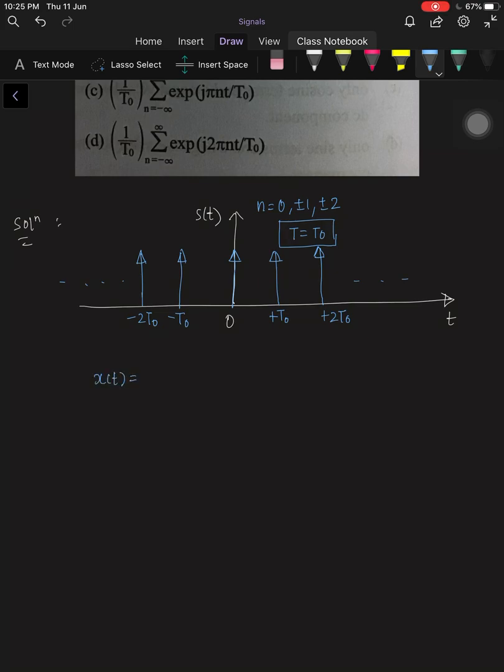Fourier series says any periodic signal can be represented in terms of its complex Fourier coefficients. Let me explain this. The actual statement is any periodic signal can be represented in terms of its weighted complex exponentials.